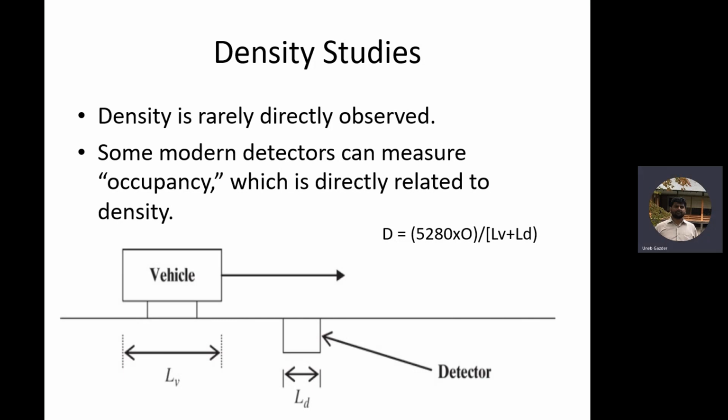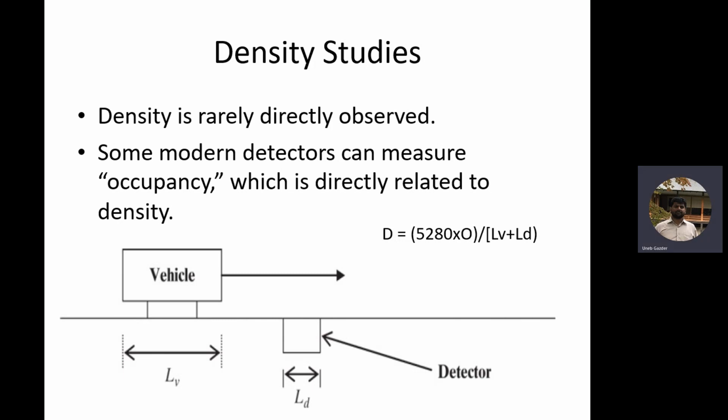Within that 1 hour, the detector was occupied by different vehicles for 30 minutes. So O will be how much? You did it for 1 hour, and the detector was occupied for 30 minutes. So O is 50% or 0.5. So O is the percentage of time the detector was occupied by a vehicle.